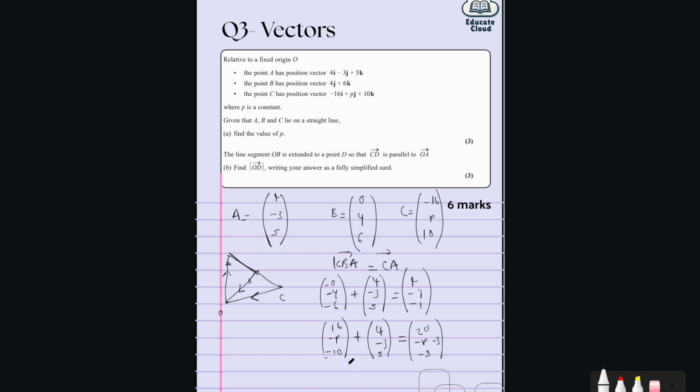So now we know that k lots of (4, minus 7, minus 1) is equal to (20, minus p minus 3, minus 5).